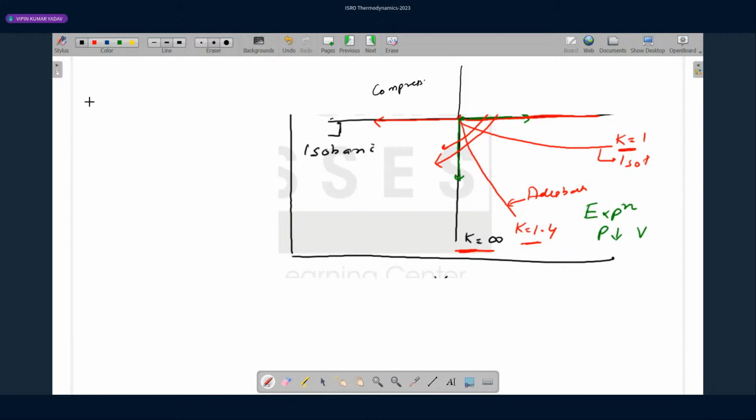Now, as you know, work done in a closed system is given by area under curve, right?